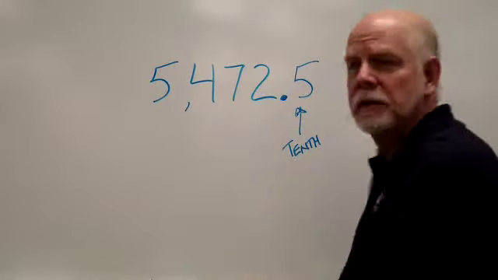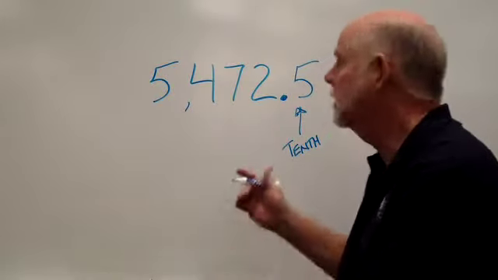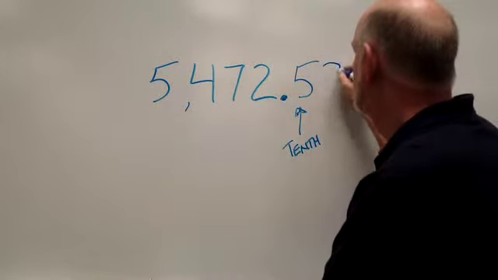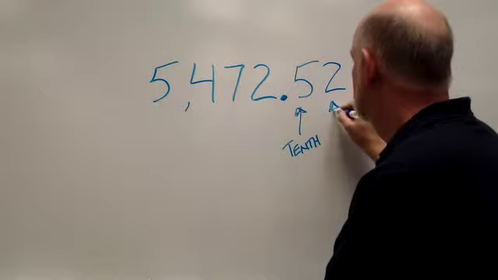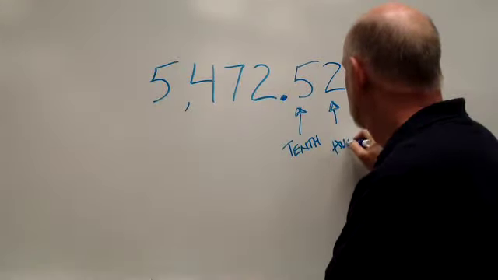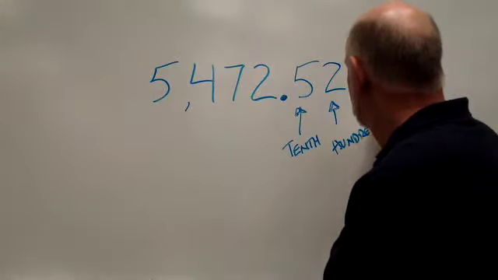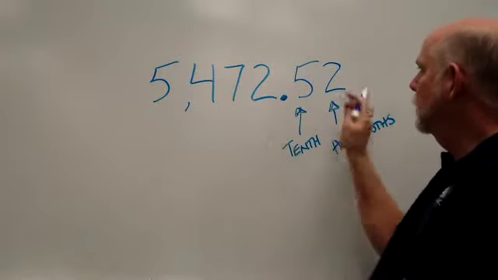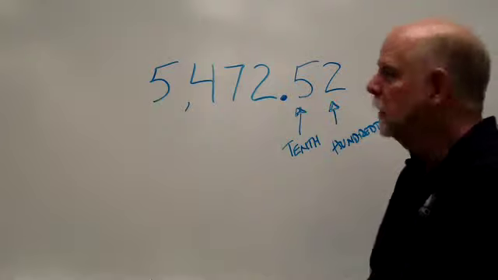And so now he's just estimating that. You know, there's no way that he would know that just by estimating, that there's not 52 hundredths of an animal there. Okay? And so this number would represent 52 hundredths.